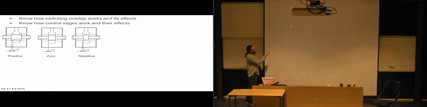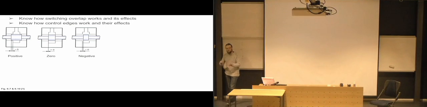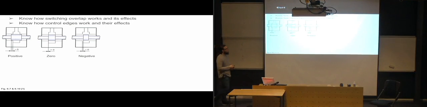If you have 0 overlap, as soon as you start moving it, it's going to allow flow past. And if you have negative overlap, it's allowing flow past if it's in the mid position, so the flow is just going to go straight past it. It's only when you move it to one of the sides that it's actually going to block the flow.